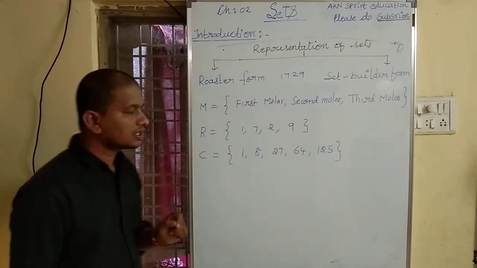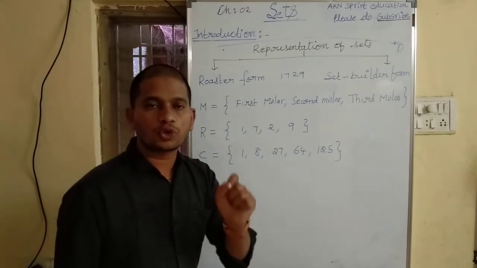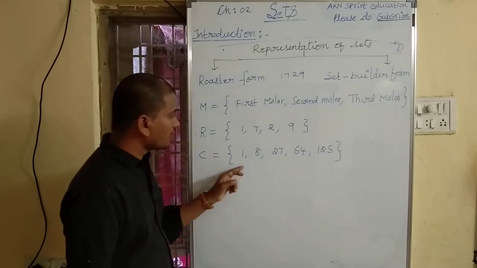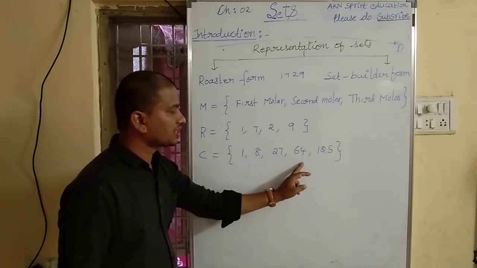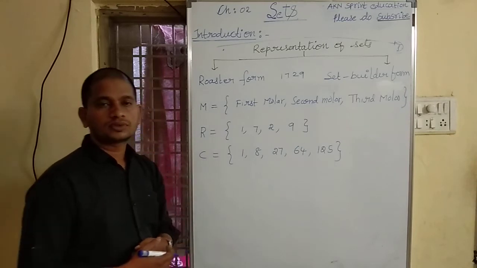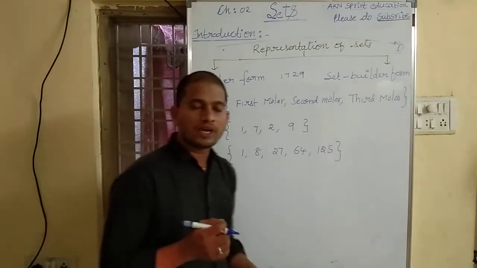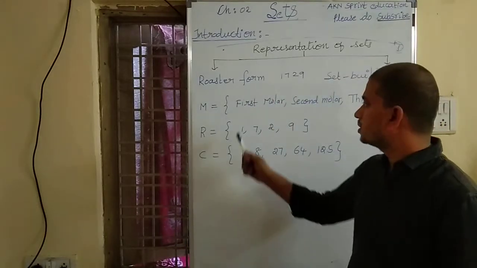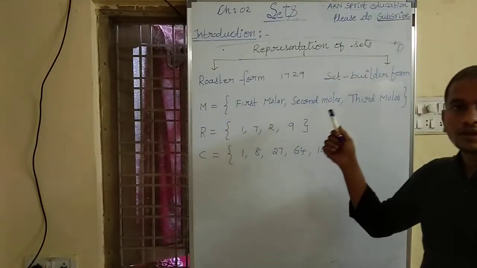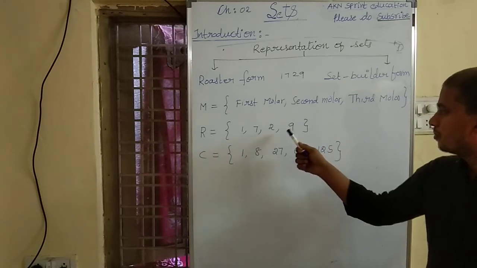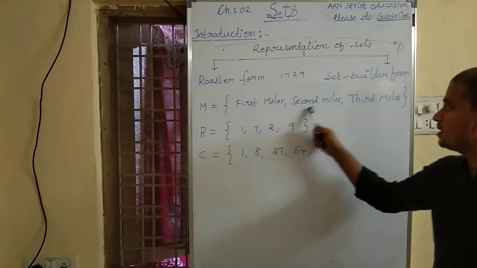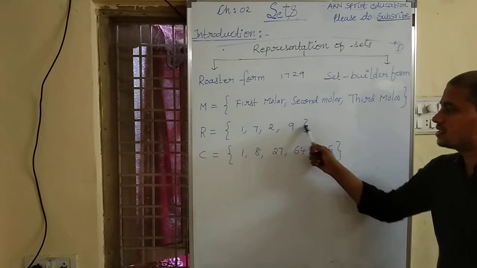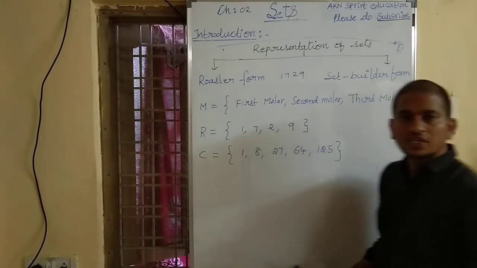And third set is the set of first 5 cube numbers: 1, 8, 27, 64, 125. See, when we write the elements in the set, these are the elements in the set.